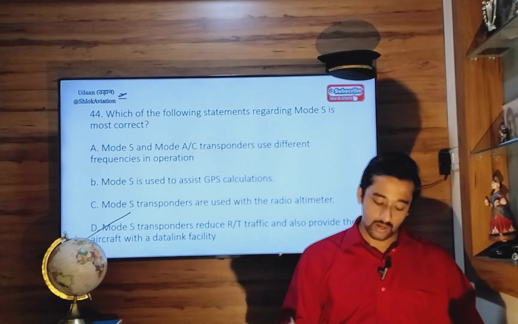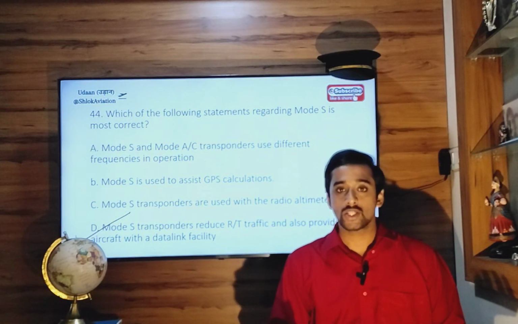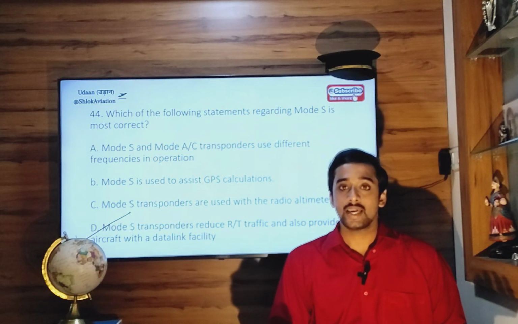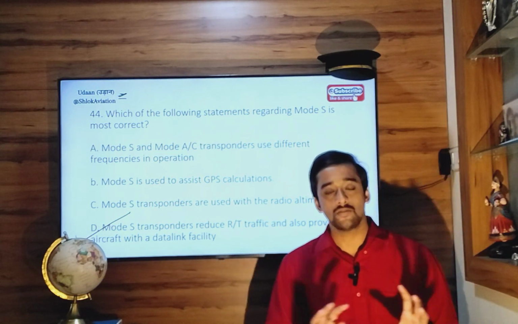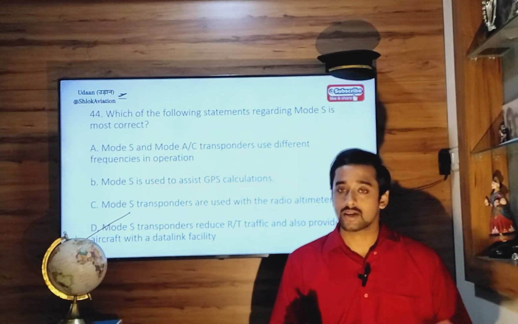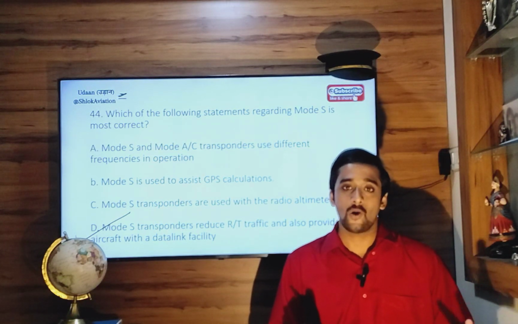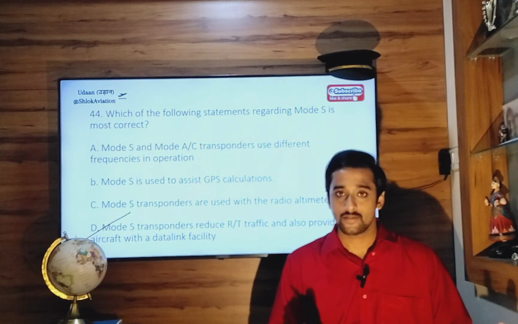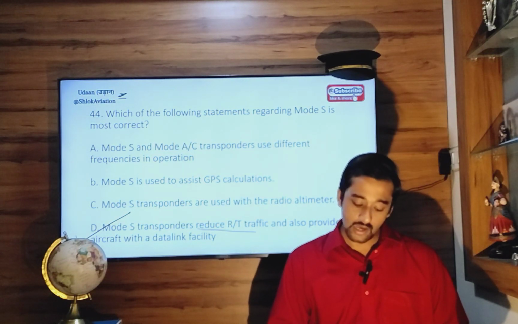Just now I explained the advantage of mode S transponders is that they have the provision for data link communication between the ATC system and the aircraft system. This data link communication includes all the pertinent information of your flight, and therefore it reduces RT traffic.